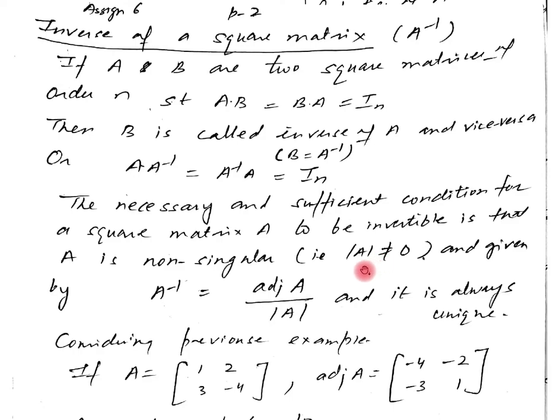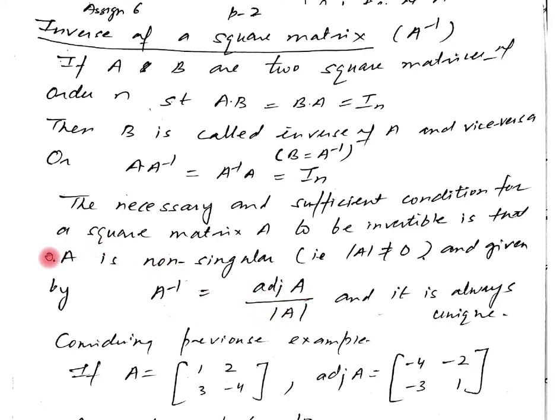If the determinant of a square matrix is equal to 0, then the inverse of that matrix will not exist. A inverse is given by adjoint of A upon determinant of A. So the determinant of A cannot be equal to 0, and by definition A inverse is adjoint of A upon determinant of A.